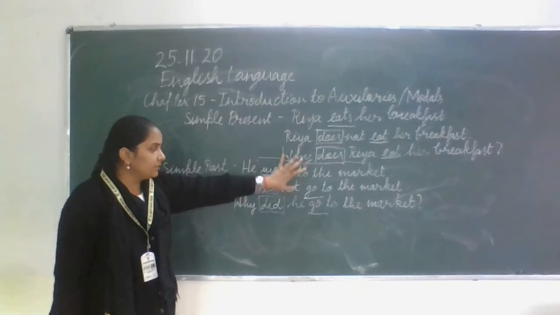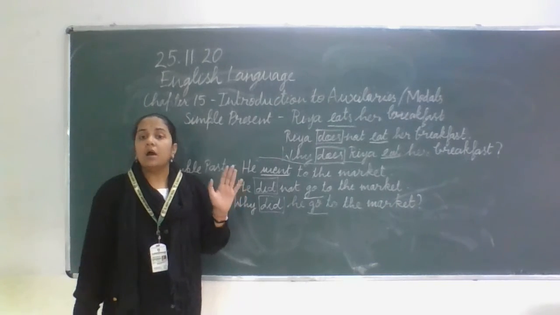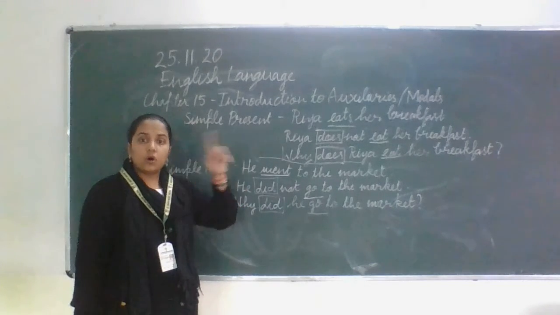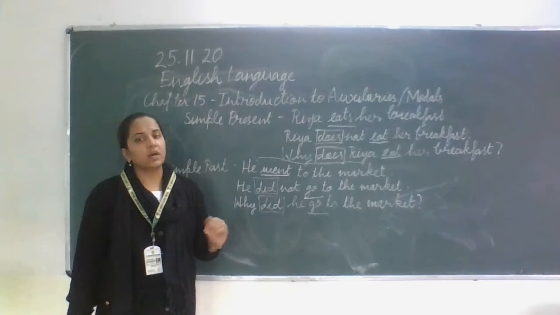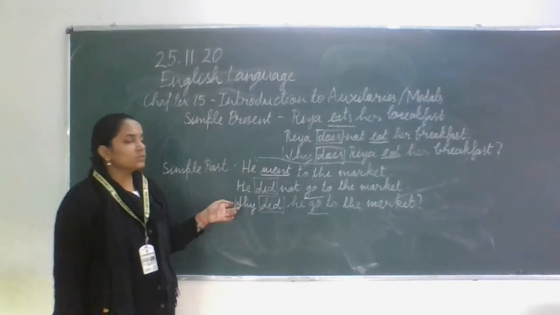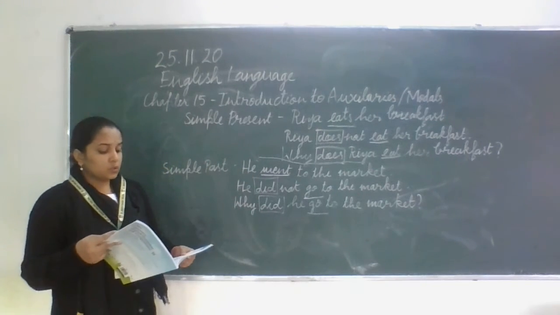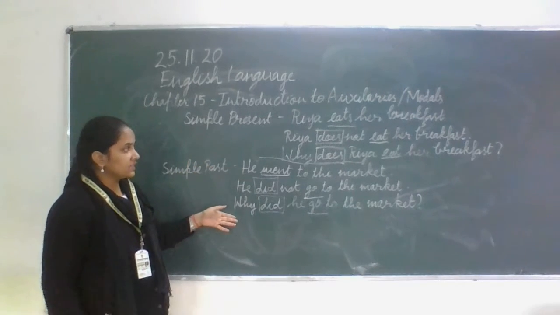And you can see in all these four sentences where I used the auxiliary verb, that auxiliary verb is used before the main verb of the sentence. So this is the way we use these auxiliary verbs to make the negative or the interrogative sentences.